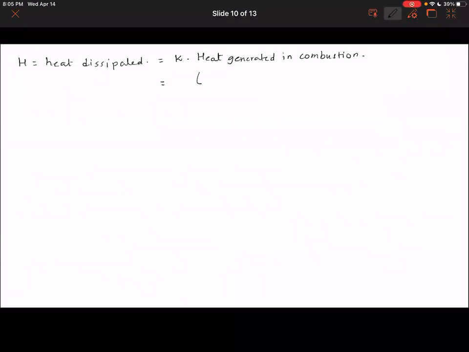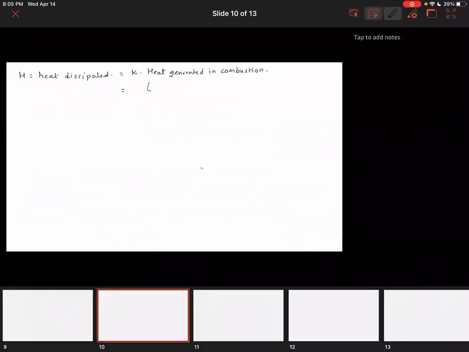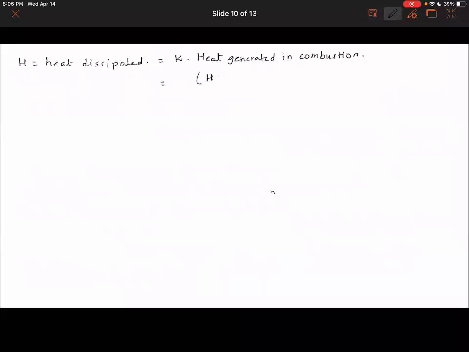So heat generated is HCV, the higher calorific value, multiplied by the mass of fuel that is burnt, multiplied by the brake power. This is nothing but the mass of fuel that is used per brake power.